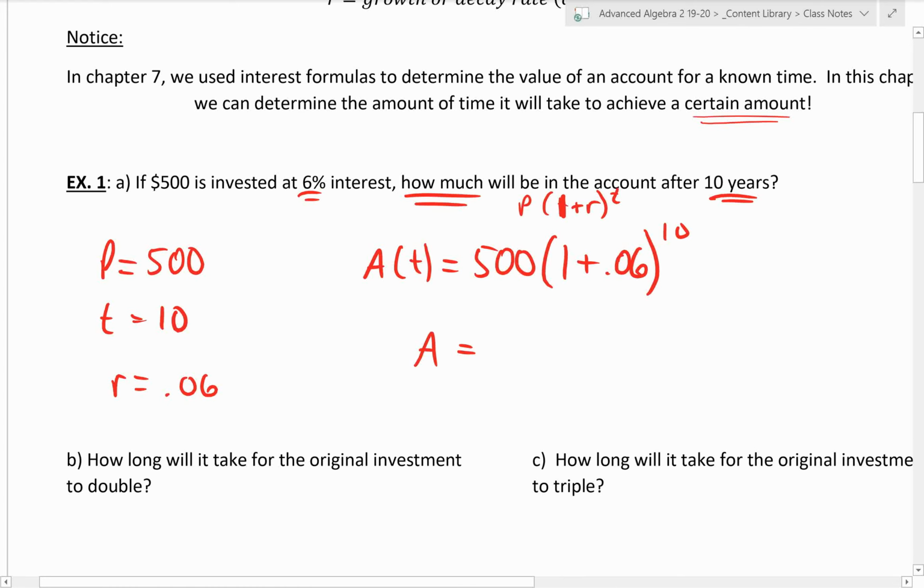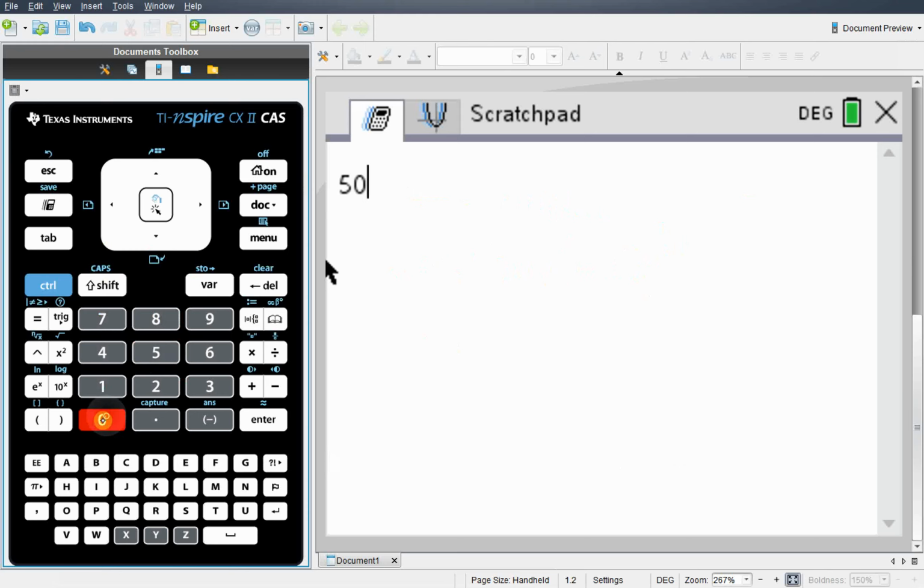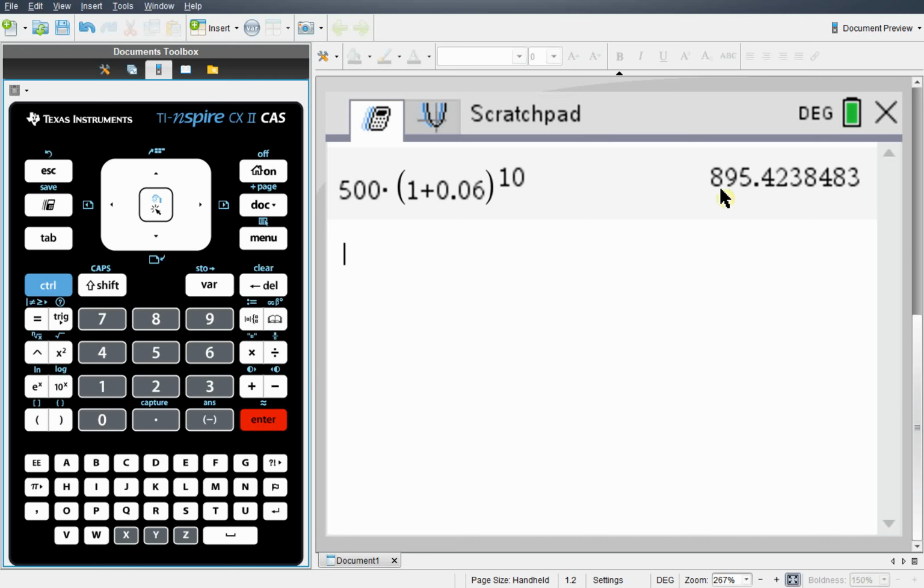We can figure out how much will be in the account after 10 years by just using our calculator and plugging this in. We would have 500 times 1 plus 0.06, you can just type in 1.06 if you want, raised to the 10th power. And we'll have $895.42.